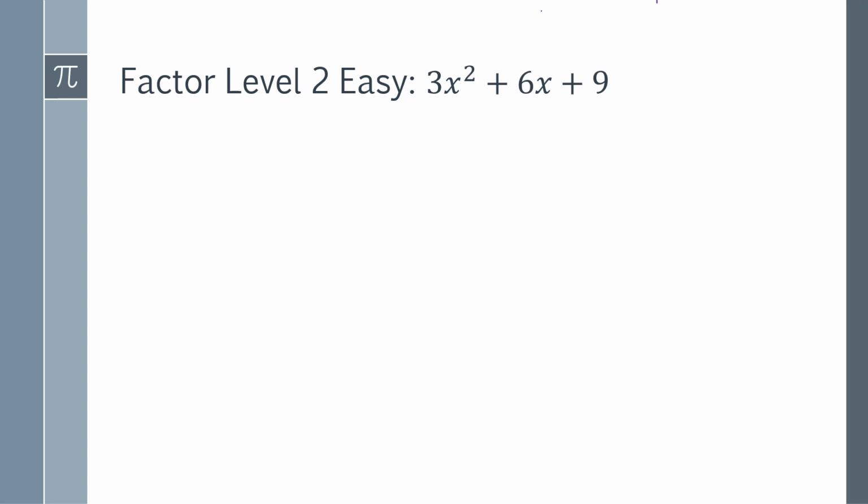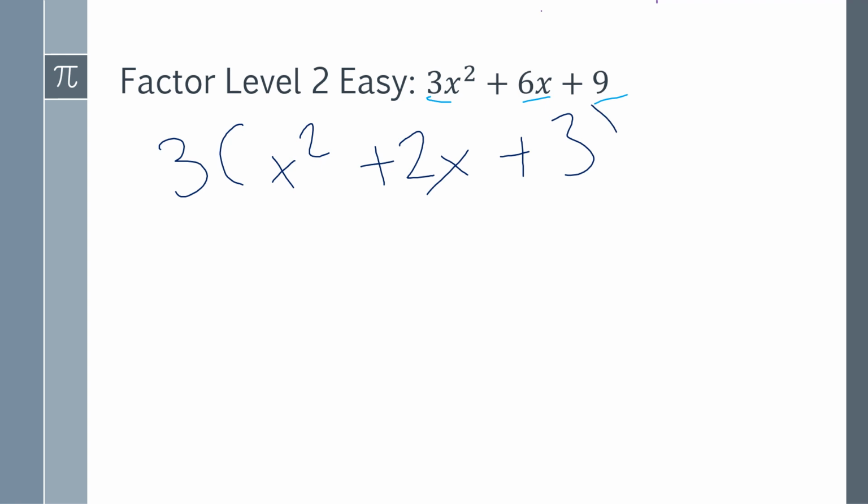In level 1, we look for the greatest common factor of 3, 6, and 9, which is just 3. And what's on the inside is going to be x squared, because 3 times x squared is 3x squared, plus 3 times 2x gives me 6x. And I also know that 3 times 3 gives me 9. And I'm done with that.